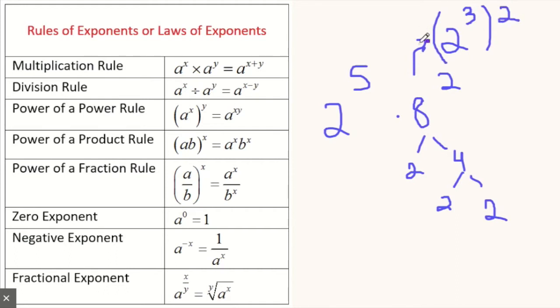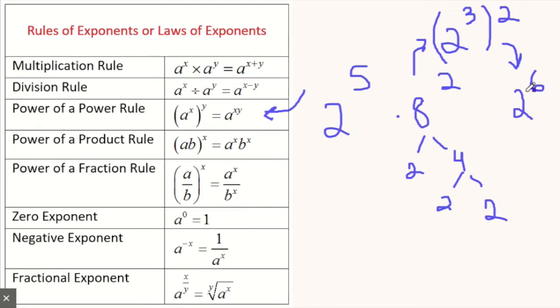And then you use another rule, which is right here. Power of a power rule. As you can see, we have a power over here and they have a power. This says that we can just multiply x and y, the two powers, and keep the base number the same. So this would be 2, 3 times 2 is 6, 2 to the 6th power.